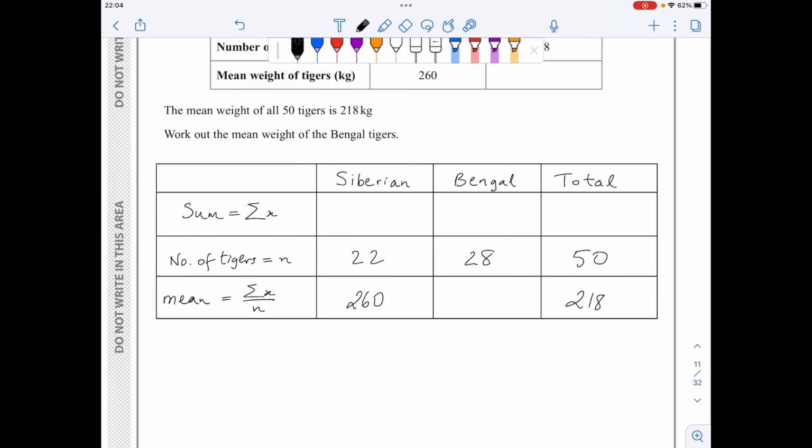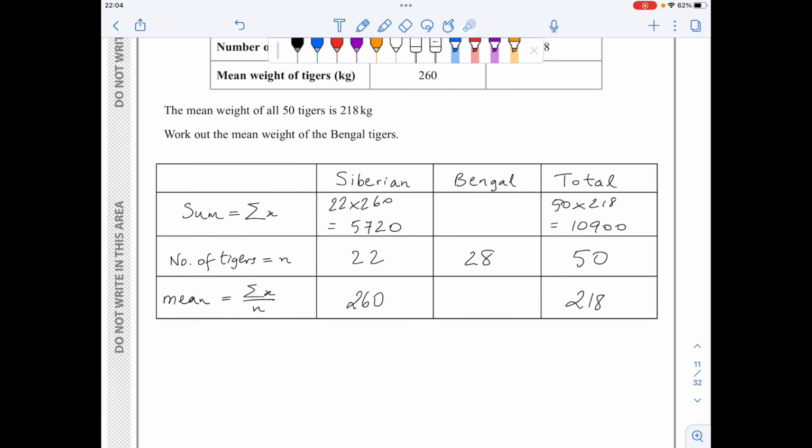218. Now I can find the total for the Siberian and for all 50 tigers by multiplying the number of tigers by the mean. So 22 times 260 will give me 5,720, and similarly 50 times 218 is equal to 10,900.